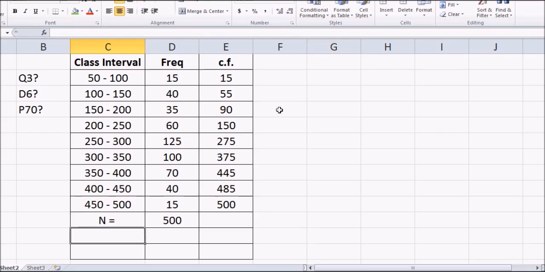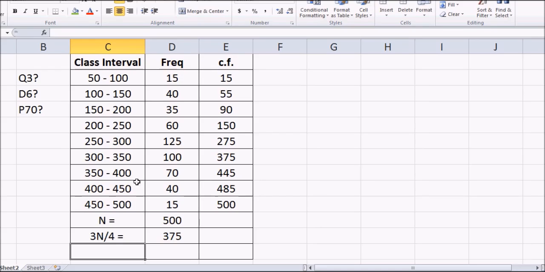Now for Q3, I need to divide my n by 4 and multiply it by 3. So 3n by 4 will be equal to 3 into n divided by 4. That's 375.